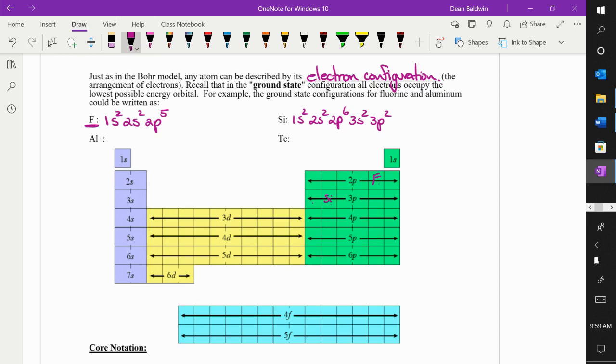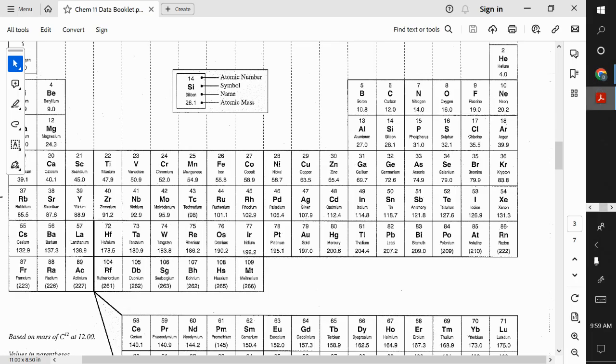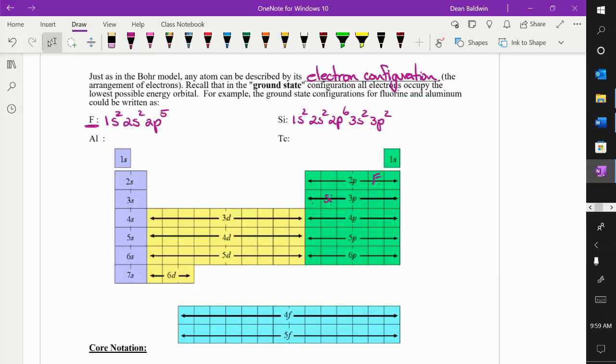Do you want to try aluminum? It's right beside silicon. So what do you think it is? There's aluminum right there, so it's one less. What's the electron configuration of aluminum? It should be the exact same except what? 3p1.